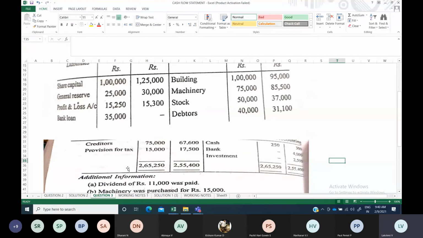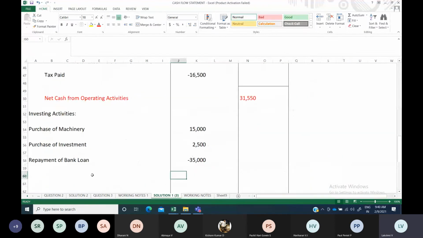Okay, so let us wind up these investing activities. The 15,000 and 2,500, just add them. 15,000 plus 2,500 is 17,500, minus 35,000, find out how much you are getting. That amount is known as either cash from or used in investing activities.